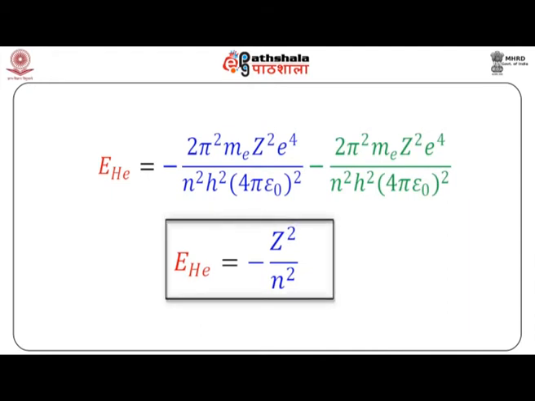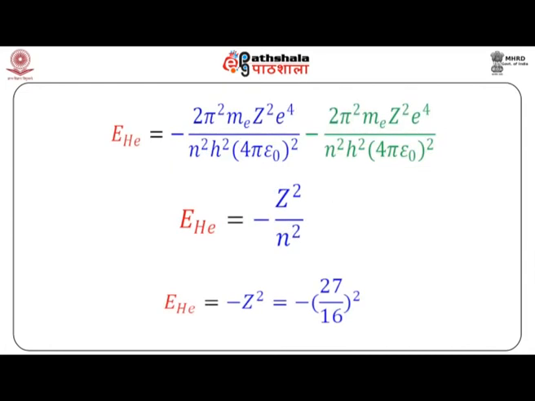E helium is equal to minus z square upon n square, the expression that we have obtained on neglecting interelectronic repulsion term.